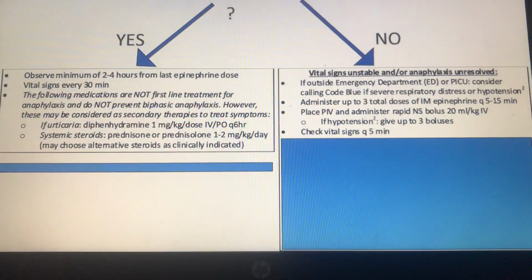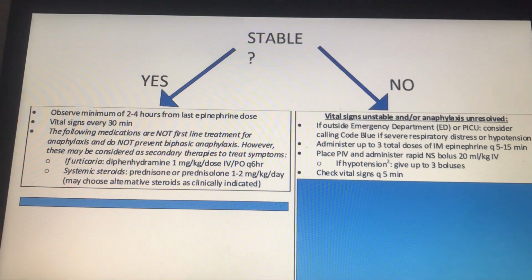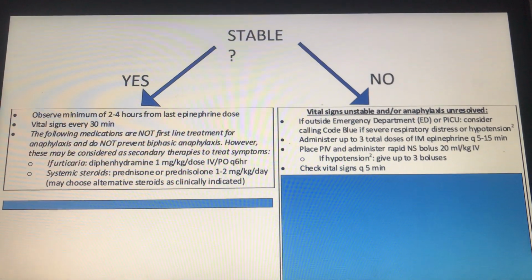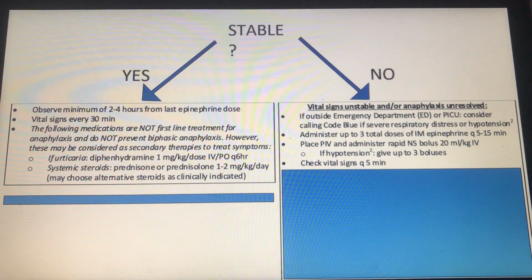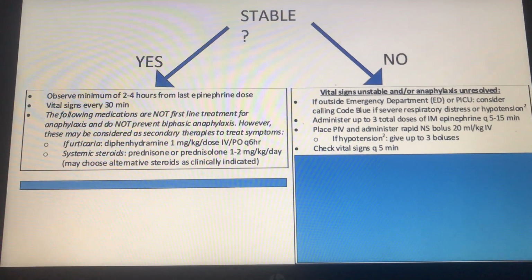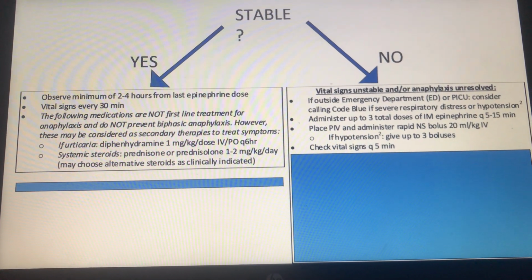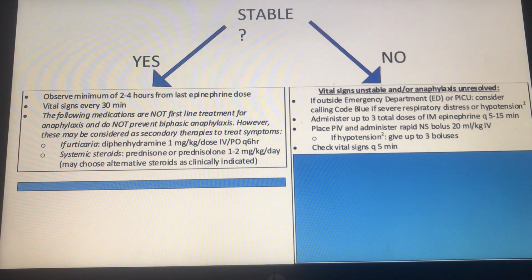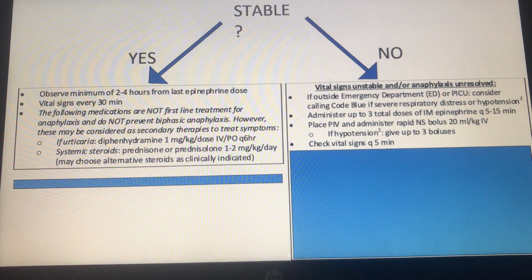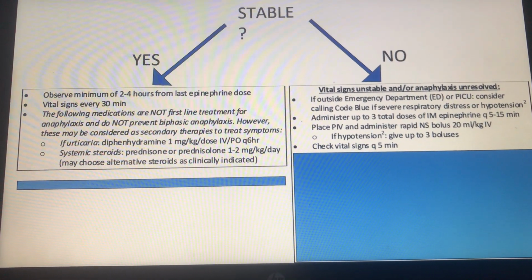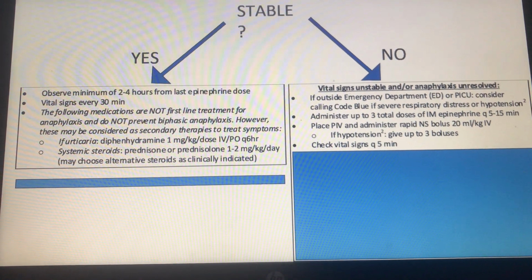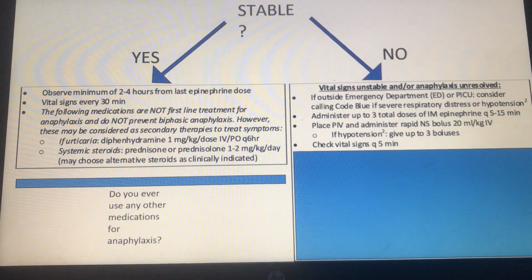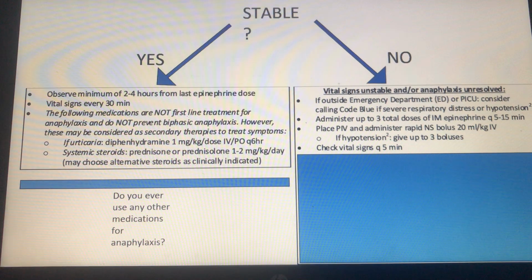If you still have signs of anaphylaxis despite 3 doses of epinephrine, this is the case where you have to give a continuous infusion of adrenaline at a dose of 0.1 to 1 microgram per kg per minute.